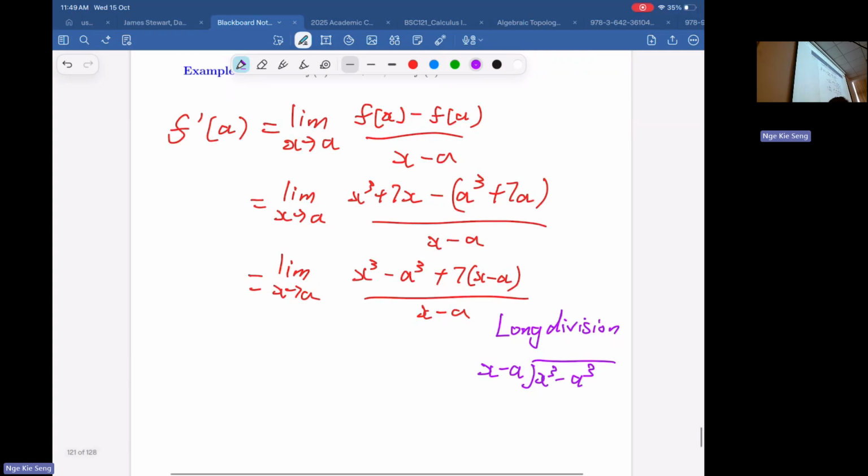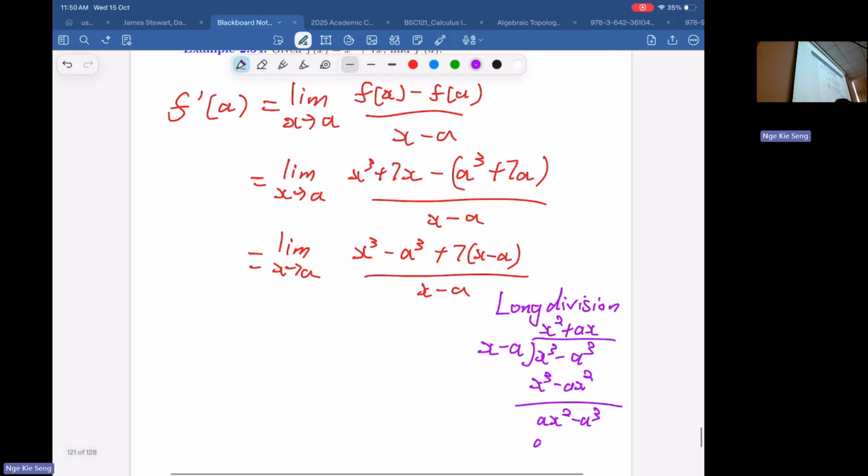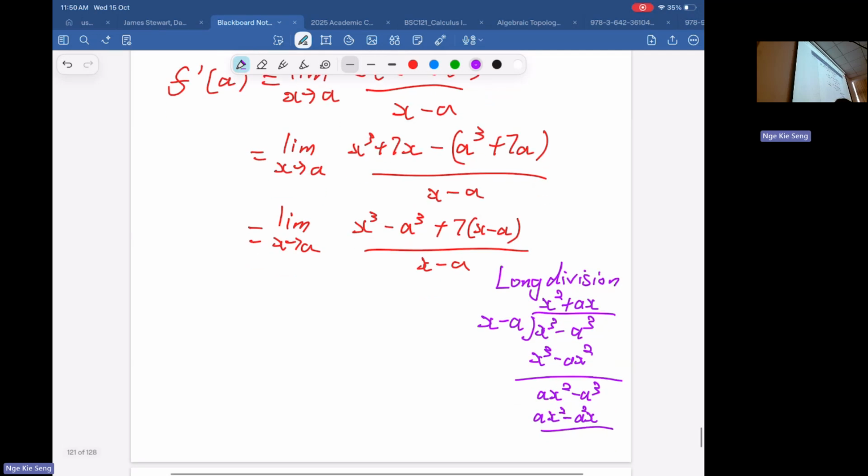Multiply x squared, you get x cubed minus a x squared. It's like how you do division for a number, but now you do it for a polynomial. So in this case you get plus a x squared minus a cubed, and then you multiply a by x to get a x squared minus a squared x, and then you get this.